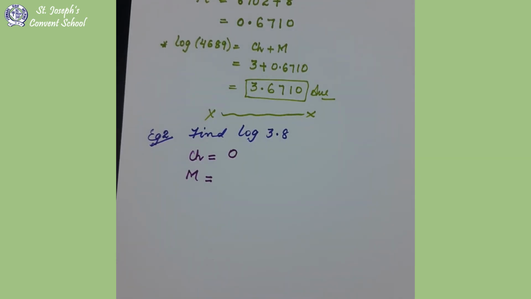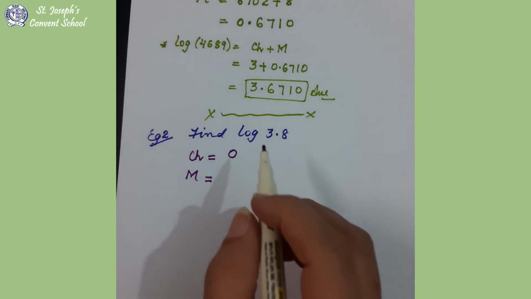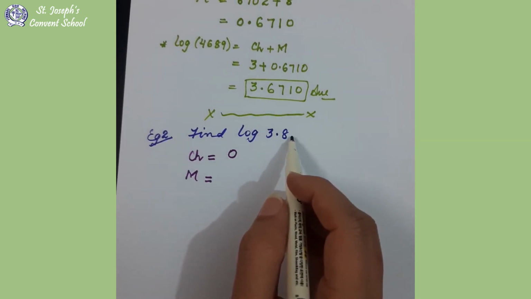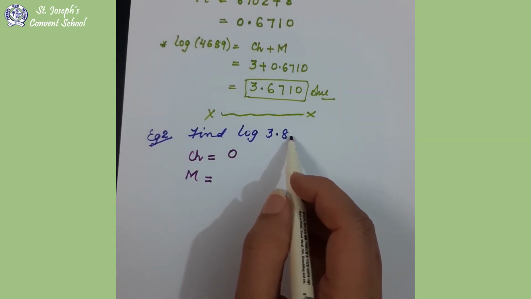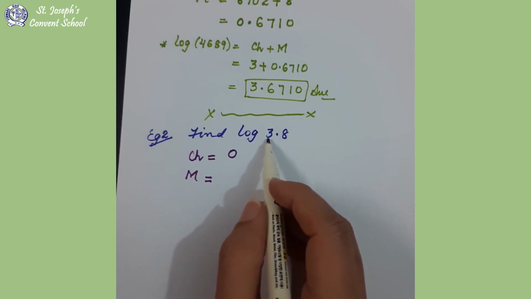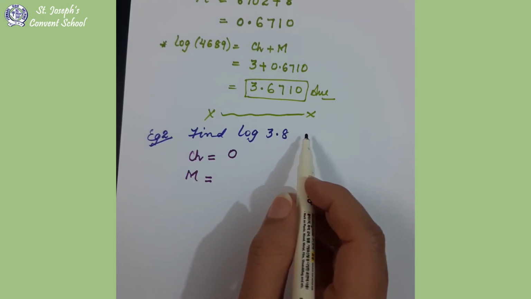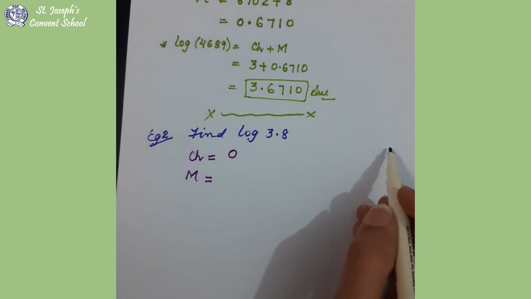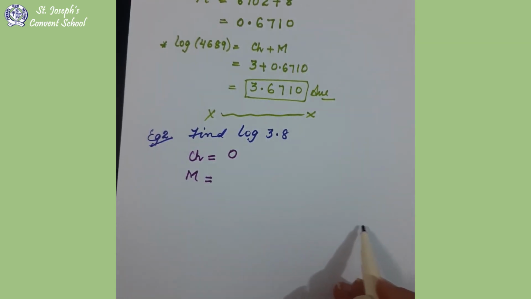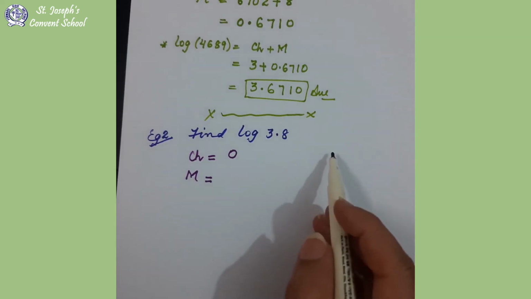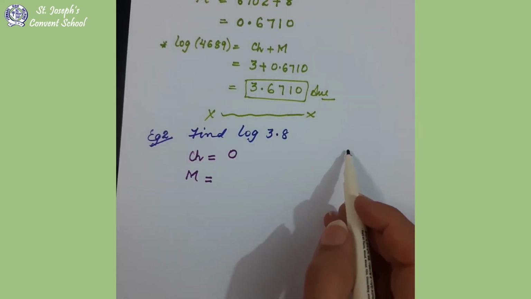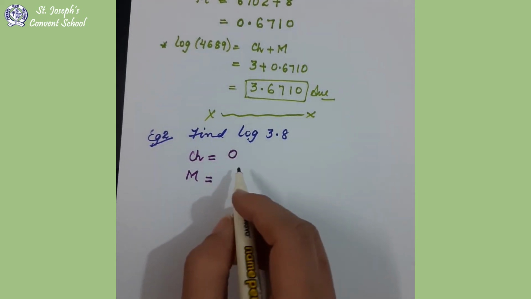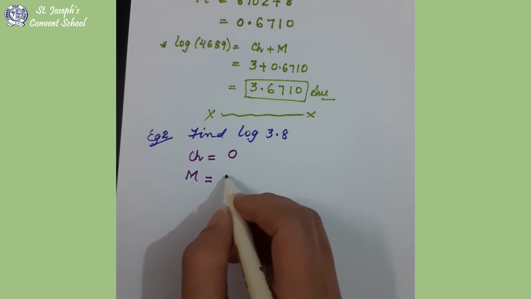After 38 no digit is given, so it is understood that after 8 is 0. So we will check 38 in column 0. Then find the intersection of 38 and 0.